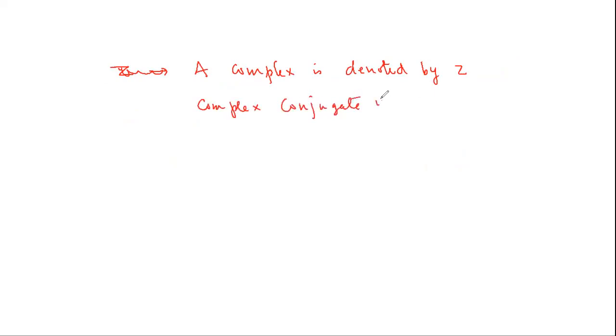A complex number is denoted by Z, and the complex conjugate is denoted by Z bar.